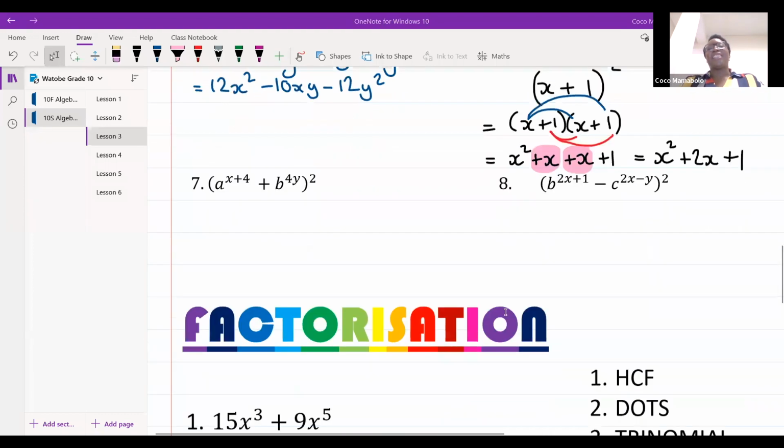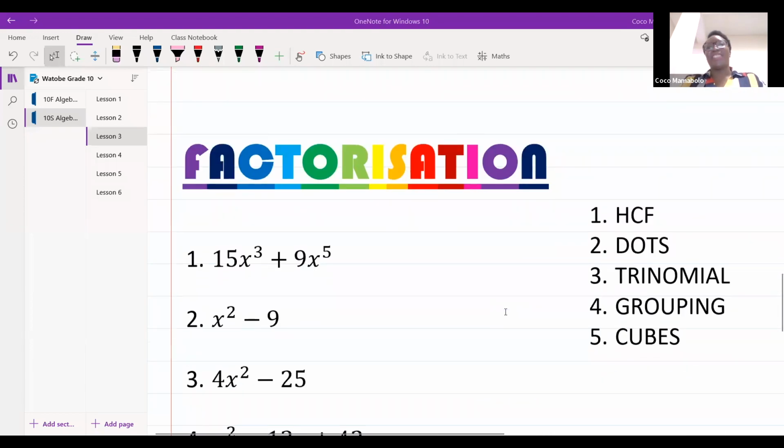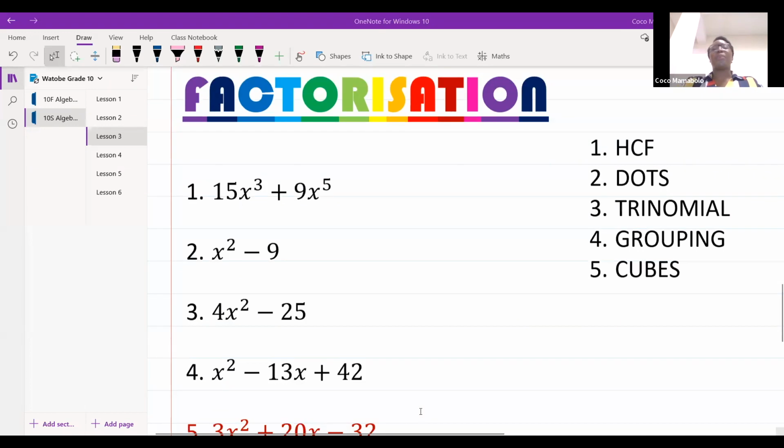Okay. All right. We're going to be talking about factorization today. And we're going to go through some of the rules that normally come up. Now, your teachers will never admit this to you, but when we look at factorization in grade 10, even 11 and 12, they have to ask you these 5 things.